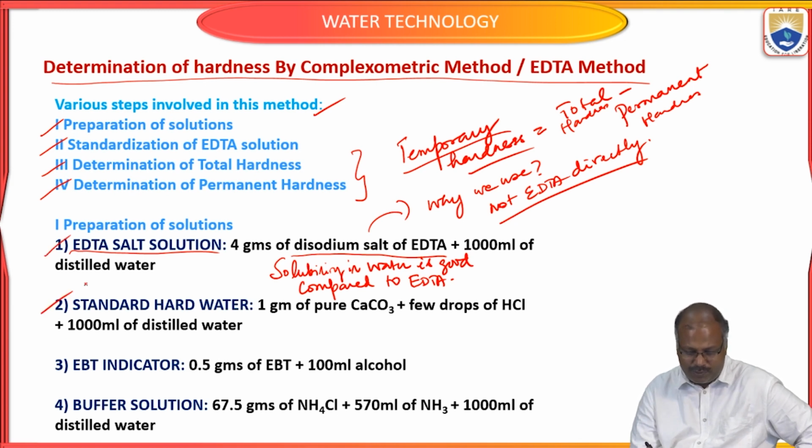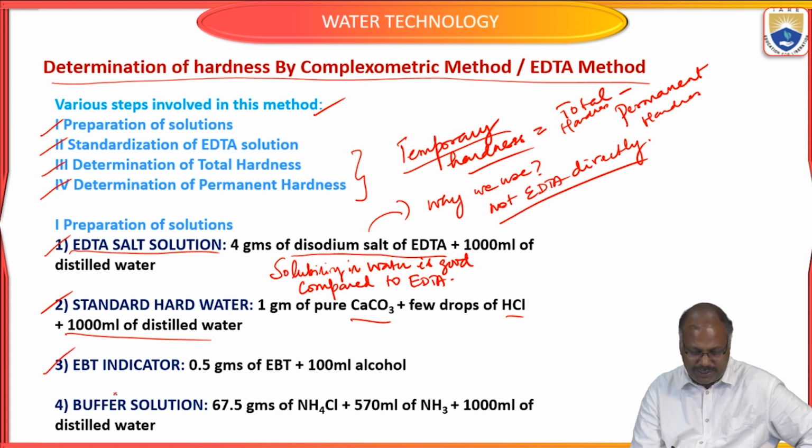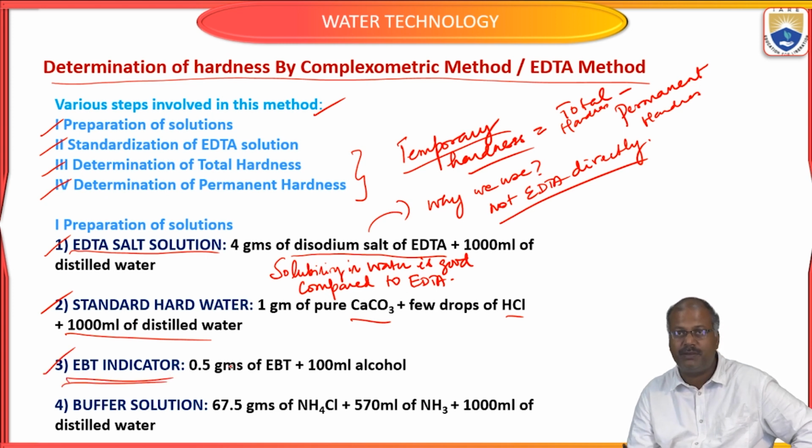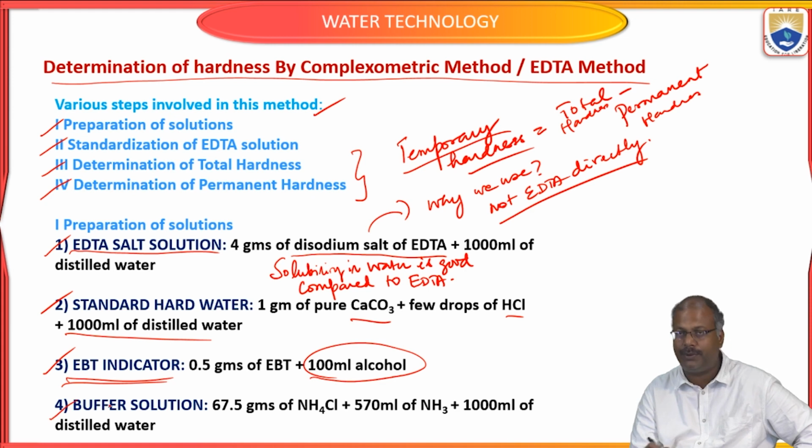And then standard hard water. You have to take 1 gram calcium carbonate, few drops HCl, 1 liter of distilled water. Then EBT indicator. We have seen in the principle what is the role of EBT indicator, in 100 ml alcohol. Buffer solution also we have to add, because buffer solution is used to maintain pH 10.